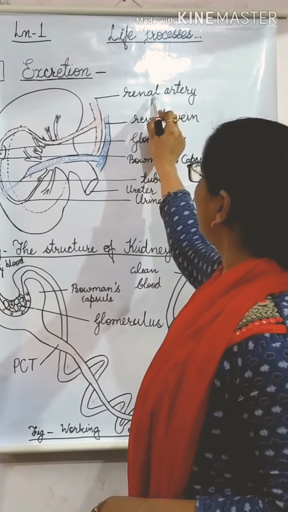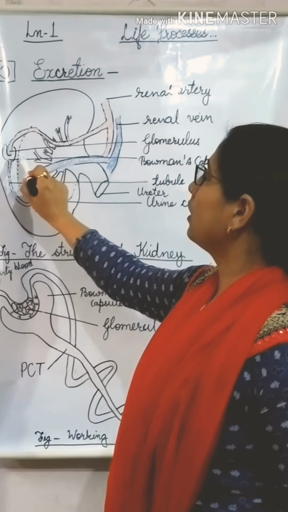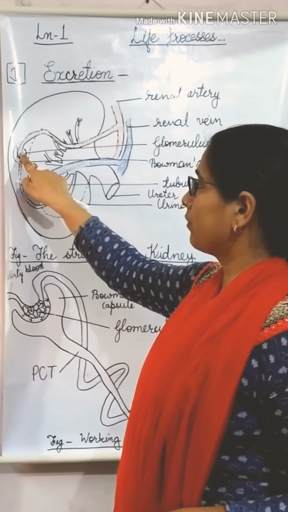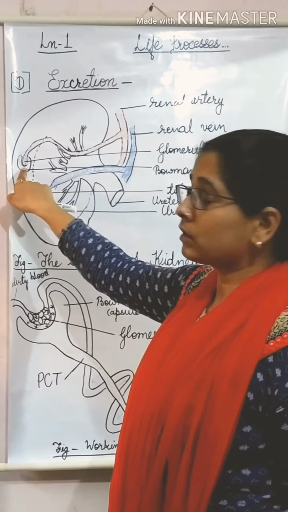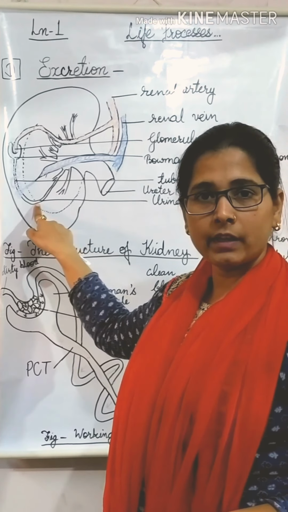That's how the renal artery has brought the blood to the nephron, and then in the nephron the glomerulus filtered the blood. This filtered blood has been sent to the PCT, then loop of Henle, then DCT.